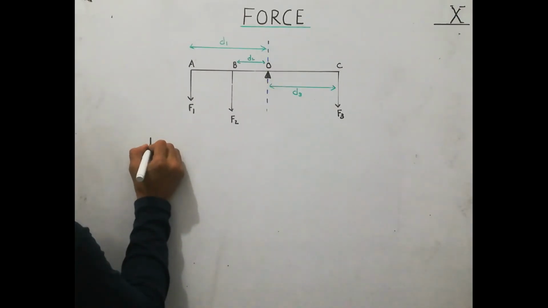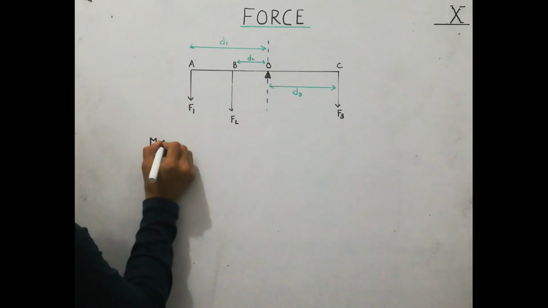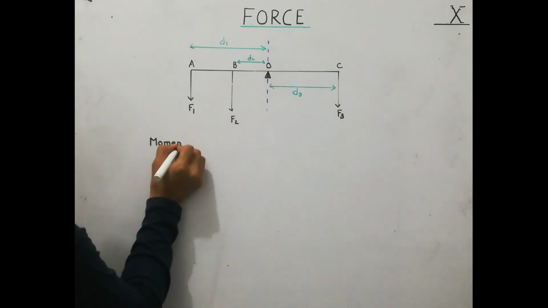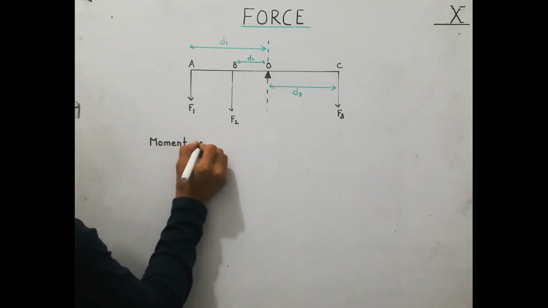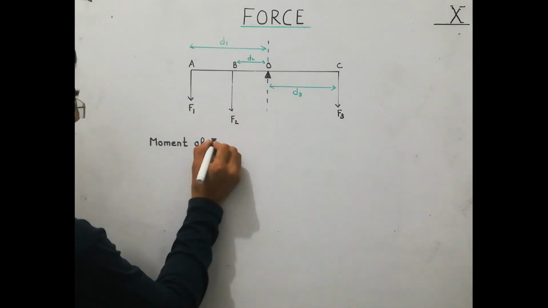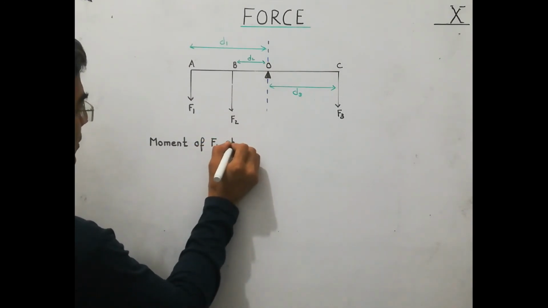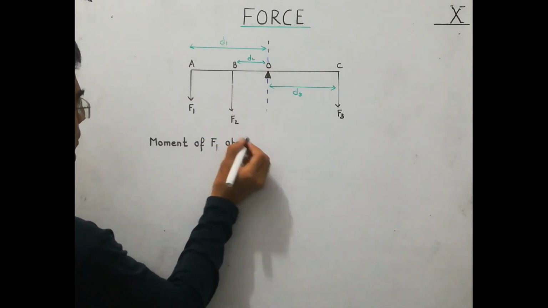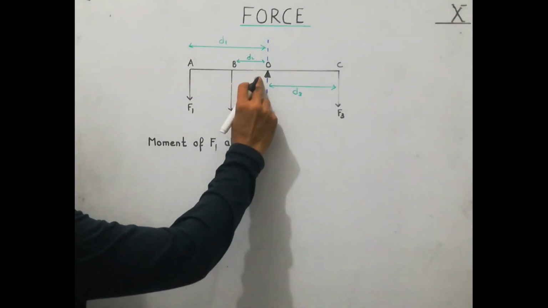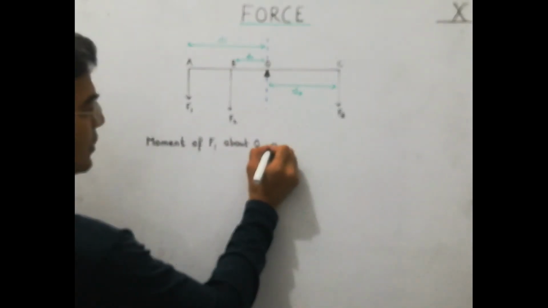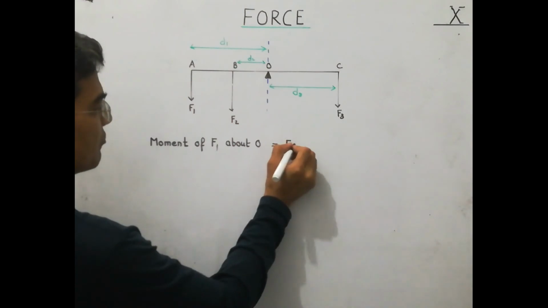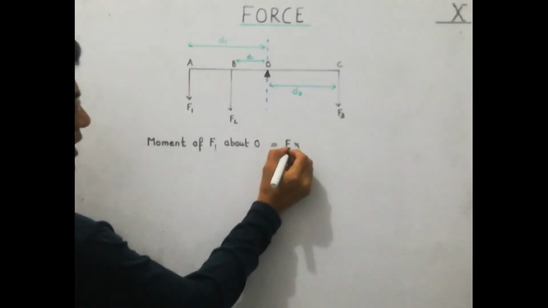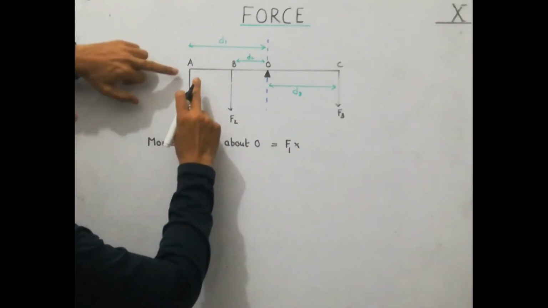Okay. Now what we will do, we will calculate moment produced by these forces. So let us calculate moment of F1 about O. This is the point of rotation. So formula is force applied F1 into its distance.